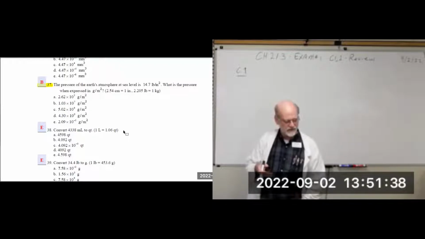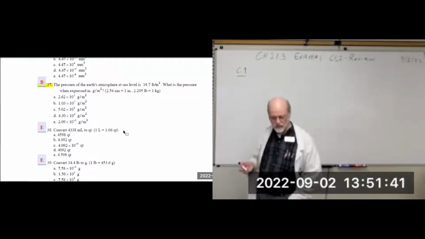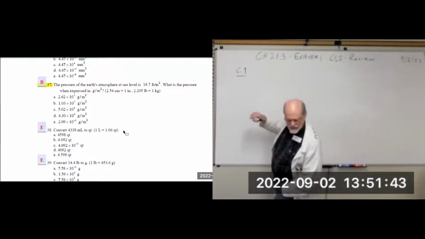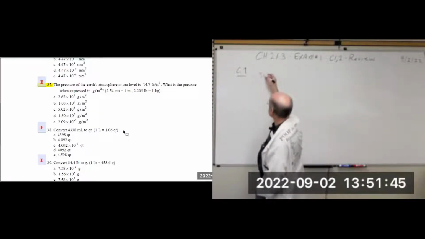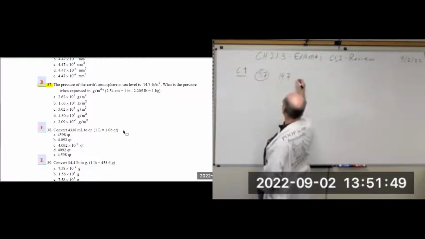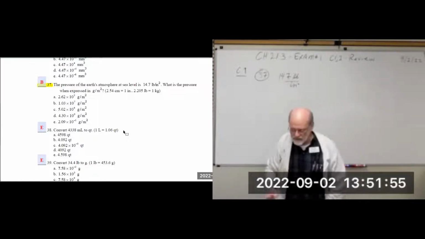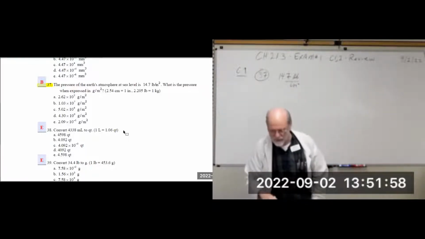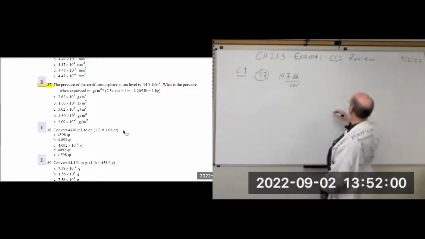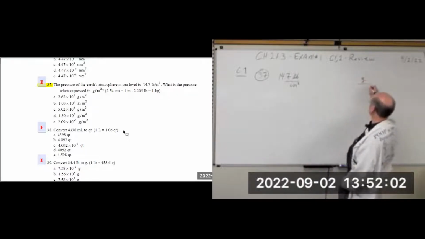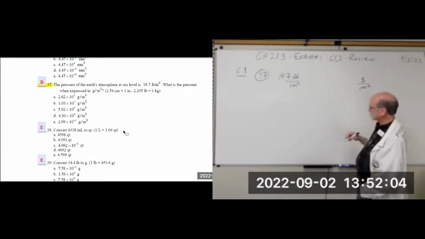Actually, it's 14.69, but we'll leave it where they say. 37. 14.7 pounds per square inch. And they want us to convert it to grams per square meter. So we're headed for this one, grams per square meter.